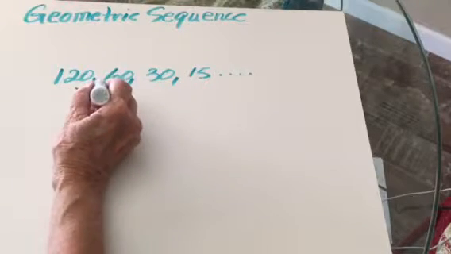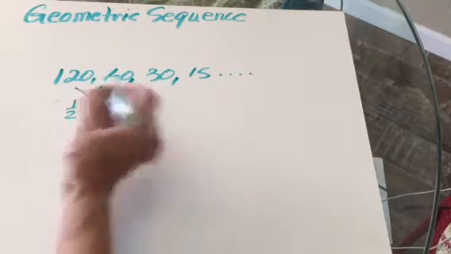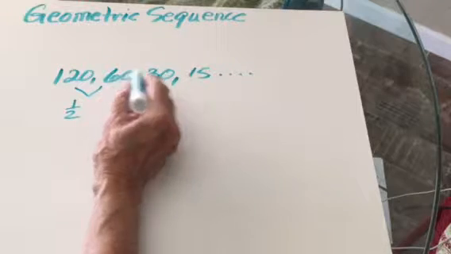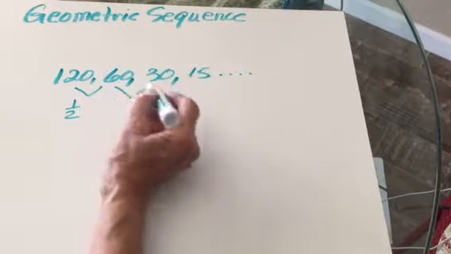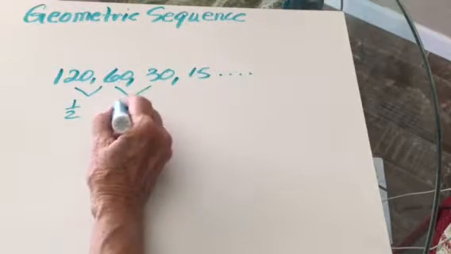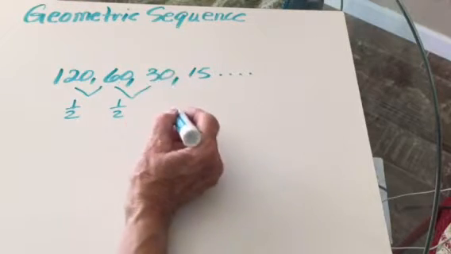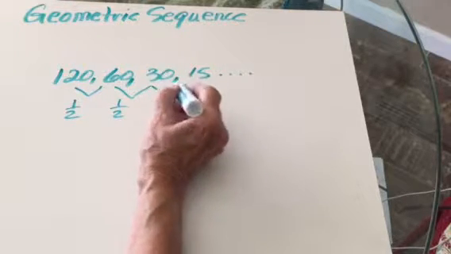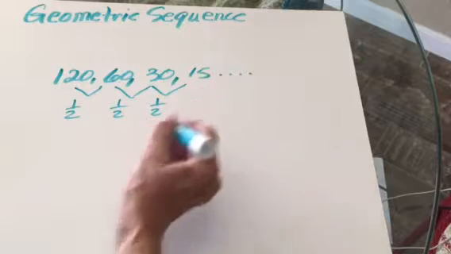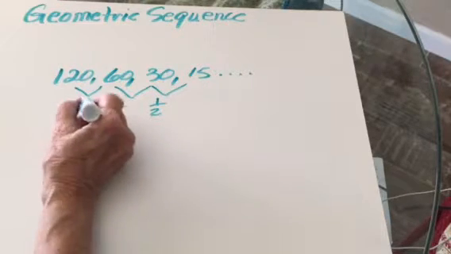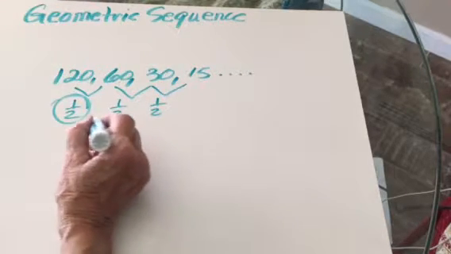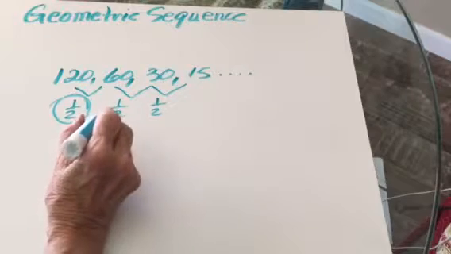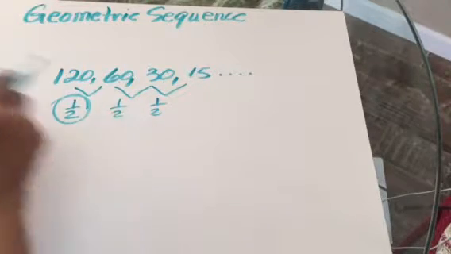Don't I multiply it by 1/2? How do I get from 60 to 30? Don't I multiply 60 times 1/2? Half of 60 is 30, isn't it? What's half of 30? It's 15. So my common ratio is 1/2.